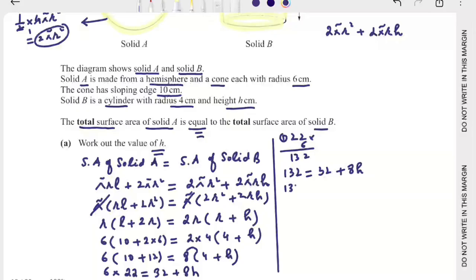Minus it, 132 minus 32 is equal to 8h. So it will be 132 minus 32 is 100, equal to 8h. Now we'll divide 100 by 8.